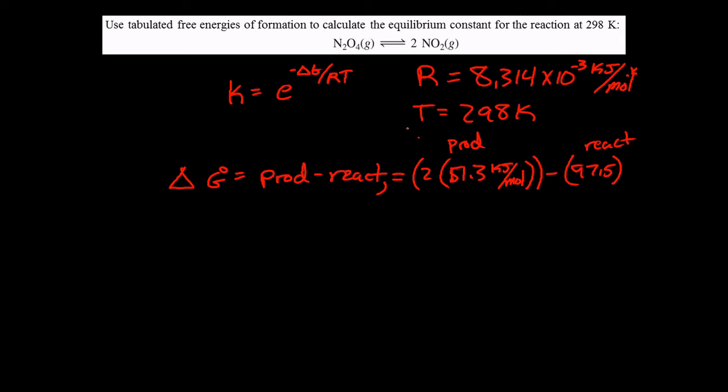Okay, so if we do that math, 2 times 51.3 minus 97.5, that gives us a delta G at standard conditions of 5.1 kilojoules.